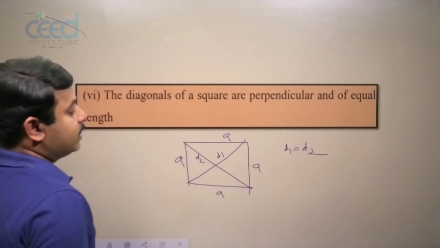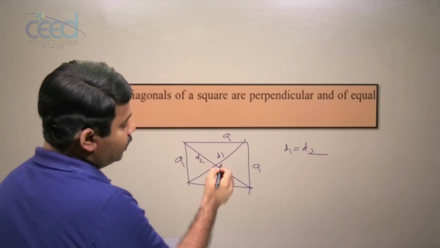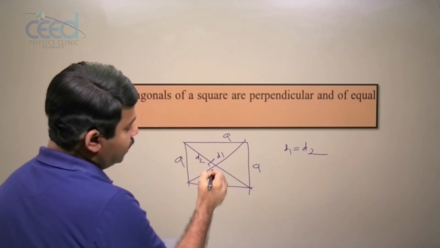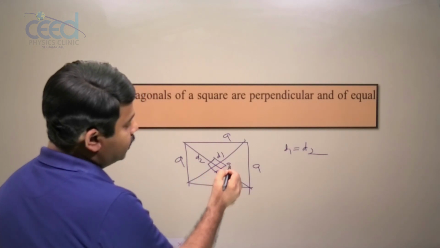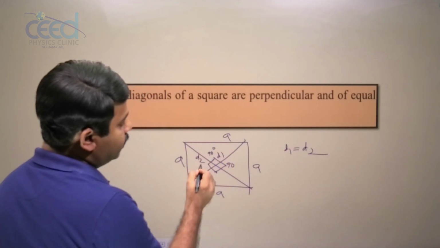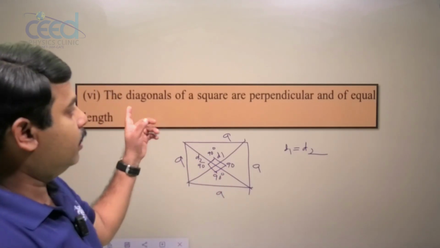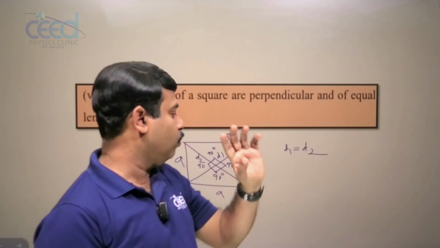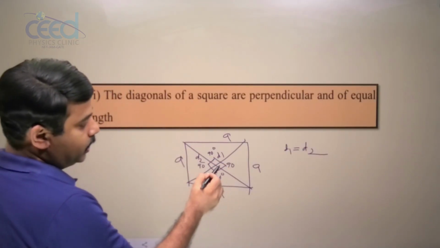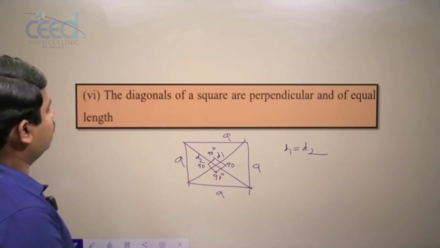Now, next point is, for a square, these diagonals bisect each other at this angle 90, this angle 90, this angle 90, this angle 90. So, diagonals of the square are perpendicular.